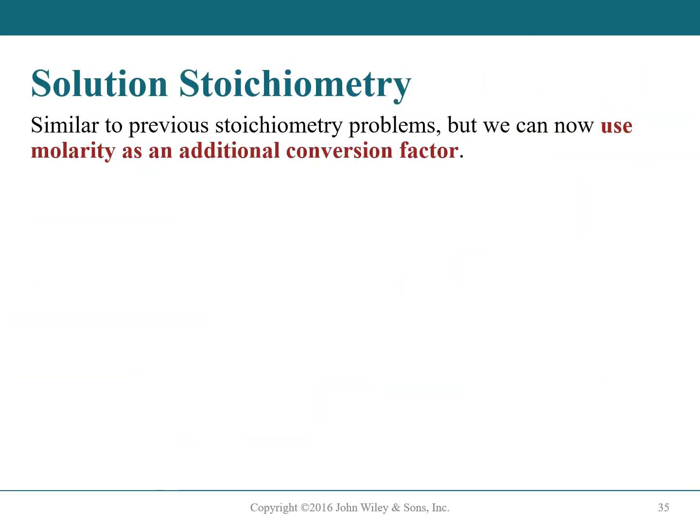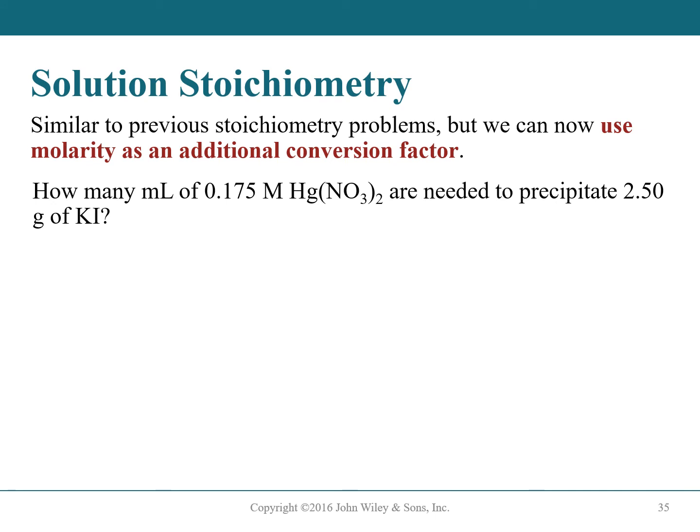Okay, so now that we know how to calculate molarity and get moles of solute and volume of solutions, we also can use our concentration as a conversion factor when doing stoichiometry problems. So for instance, how many milliliters of 0.175 molar mercury 2 nitrate are needed to precipitate 2.50 grams of potassium iodide?